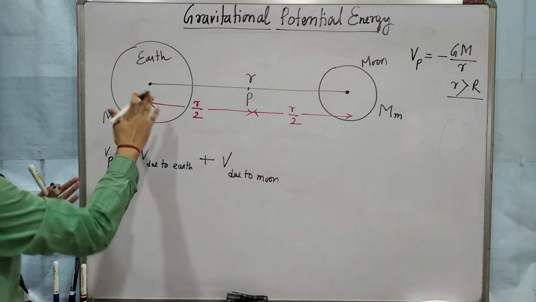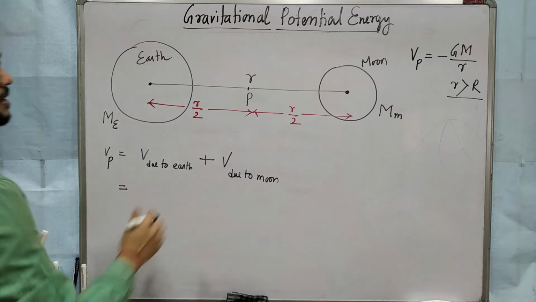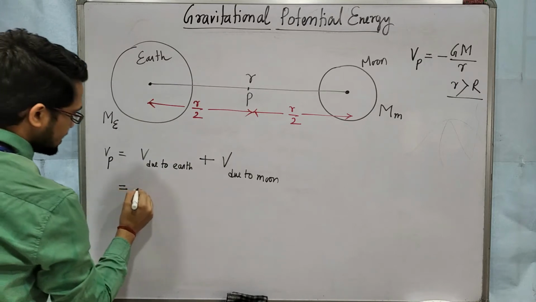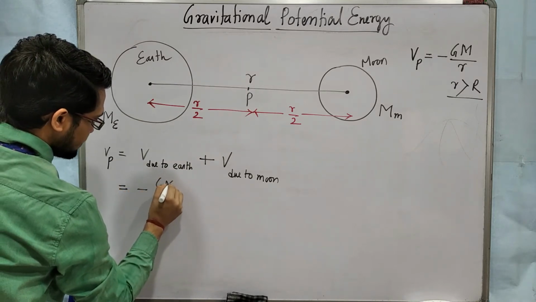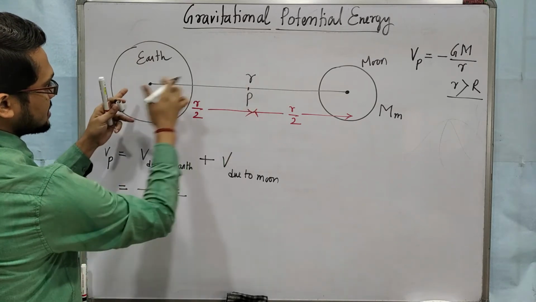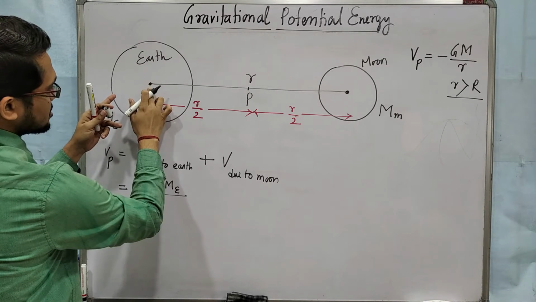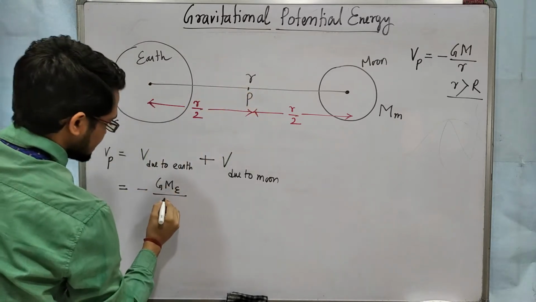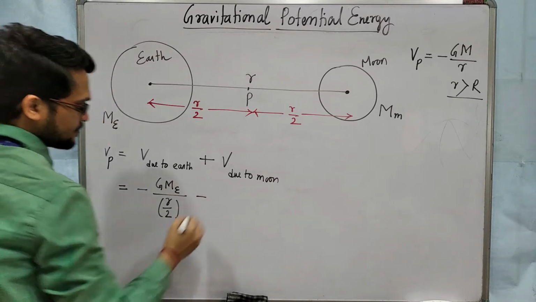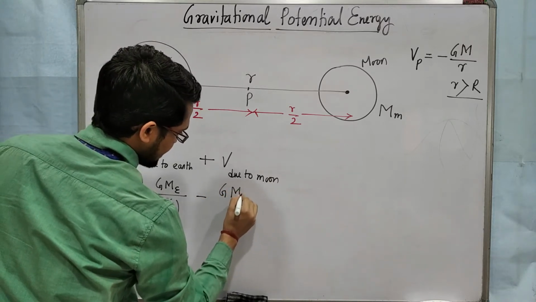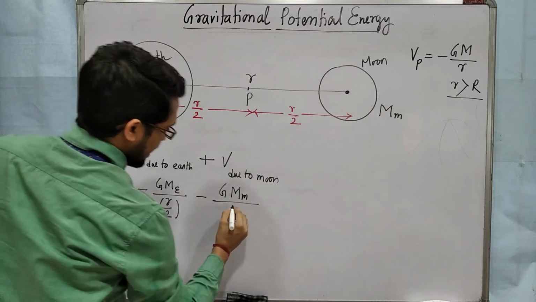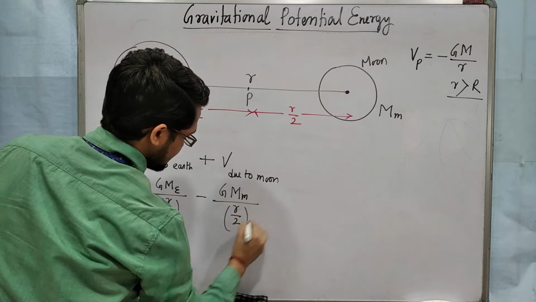The potential due to earth will be by that formula, minus GM by r, where r is the distance of this point P. So here it is minus G, mass of earth, by this distance from the center of mass of the earth to the required point, which is r by 2. And minus G M moon by r by 2, again at the same distance.